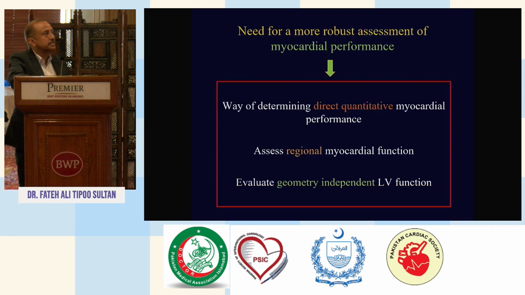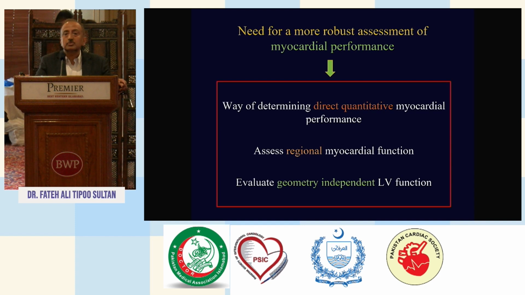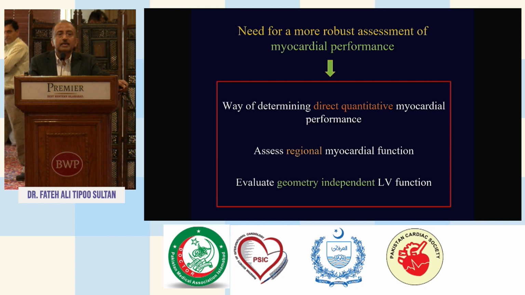So there was a need to have a more robust assessment of myocardial performance and a way of determining direct quantitative myocardial performance, which can also assess the regional myocardial function and which can evaluate the geometry independent of LV function. And because of these things, the LV myocardial strain came in the market.